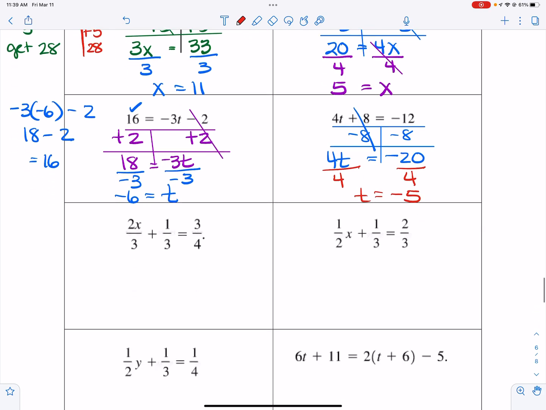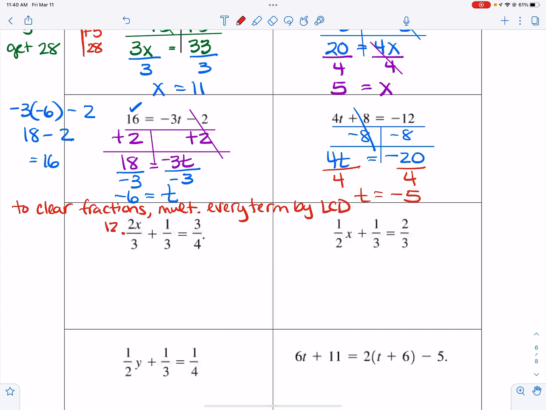Now, on the next one, we have fractions. And so in order to deal with fractions, rather than having to find common denominators, I'm going to clear the fractions by multiplying by the LCD. So to clear fractions, you multiply every term by the LCD, the least common denominator.